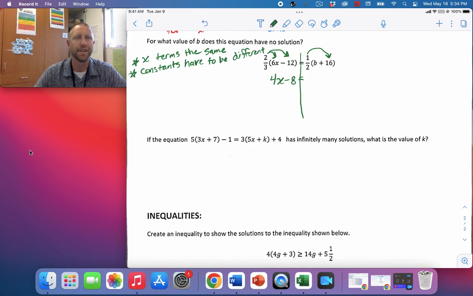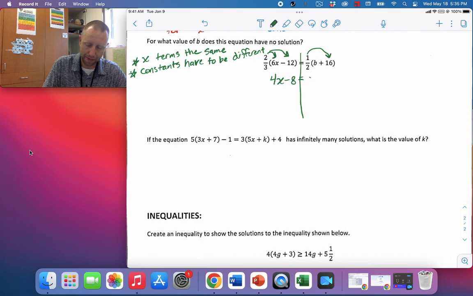Oh, no, sorry. I was thinking about that wrong. It has to be 8x because the x terms have to be the same. Let me highlight that over here. The x terms have to be the same, so I have to get 4x on this side. And the only way I get 4x is if I do 1/2 times 8x, right?